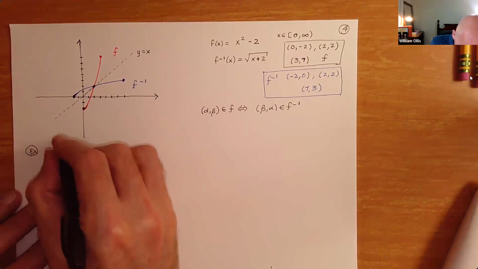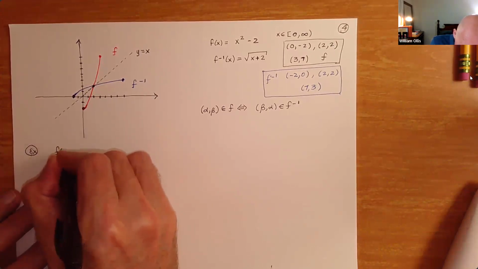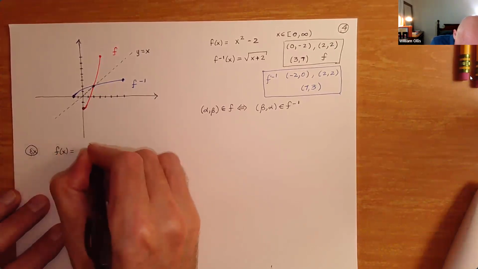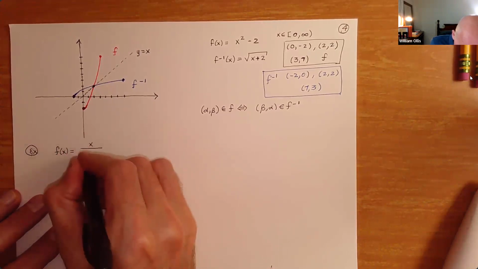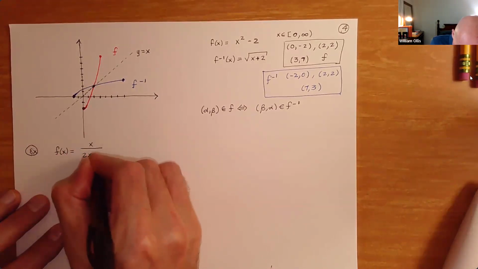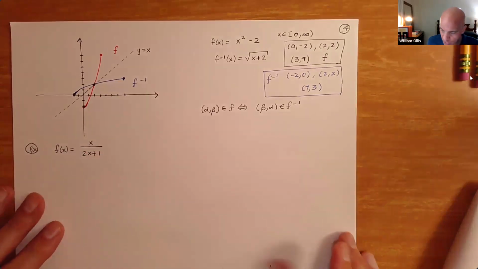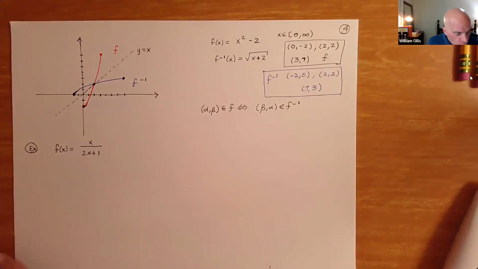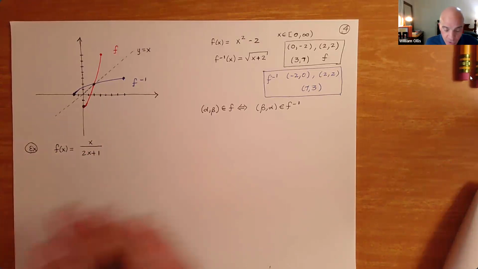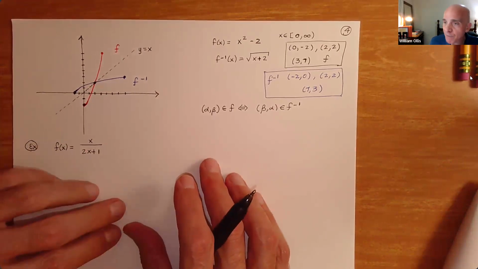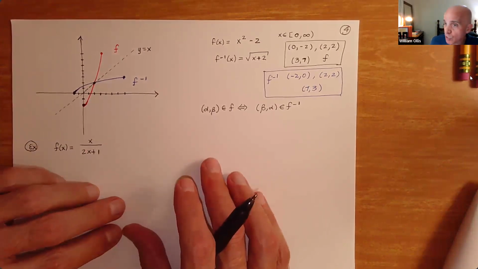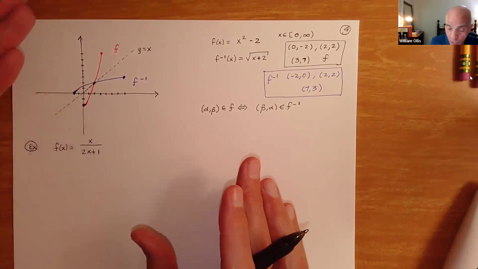We have f of x equals x divided by 2x plus 1. So that's our original function here. Now, one thing, again, like I said before, you can always use the reflective property to sketch the inverse function or the reverse path.